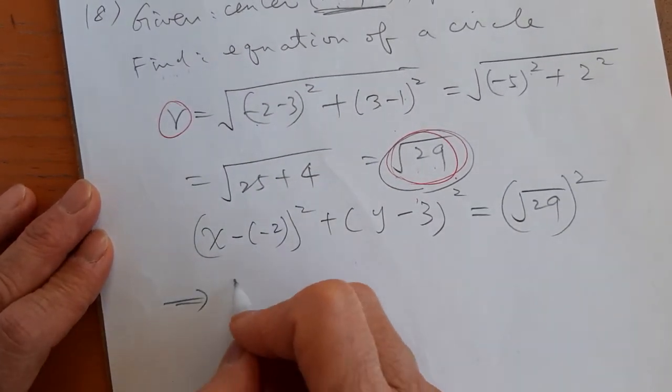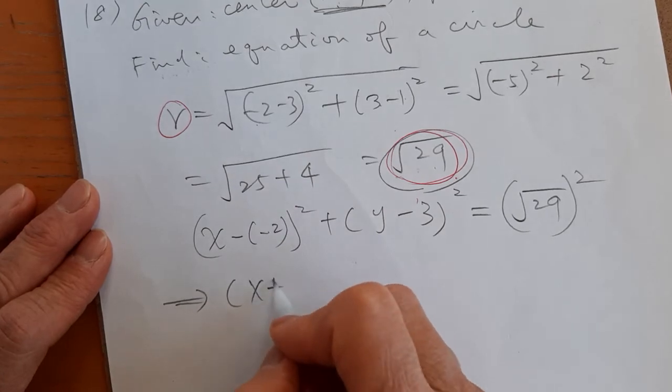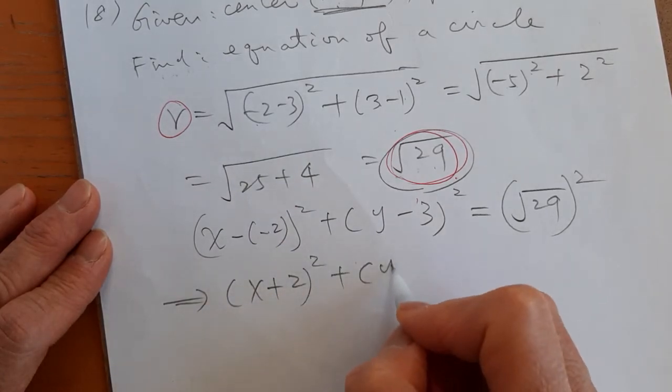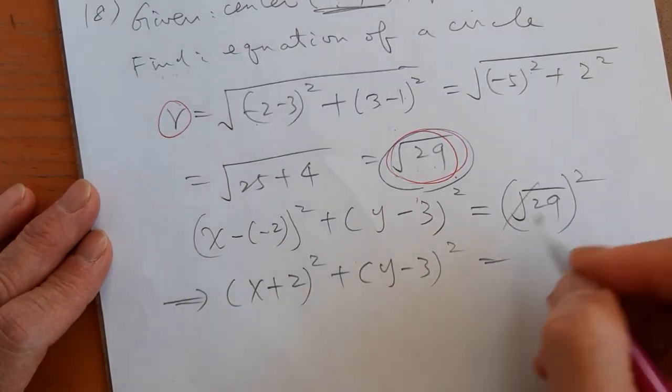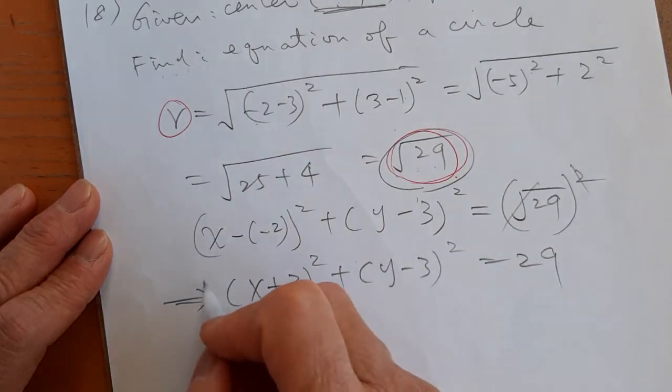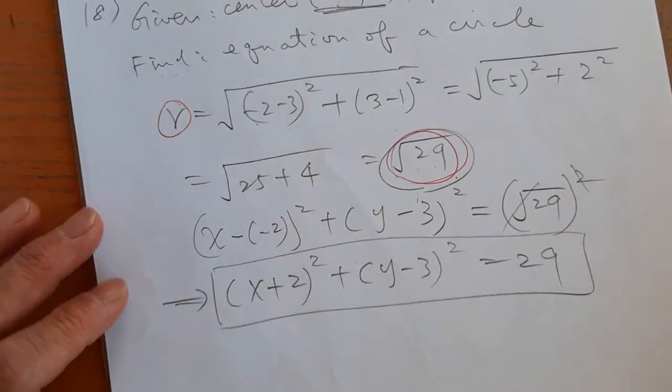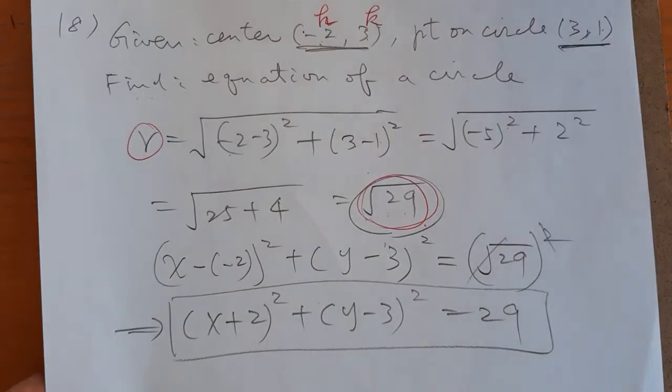Then simplify: negative becomes plus, so (x + 2) squared plus (y - 3) squared equals 29, since the square root and square cancel each other. This is the equation of the circle.